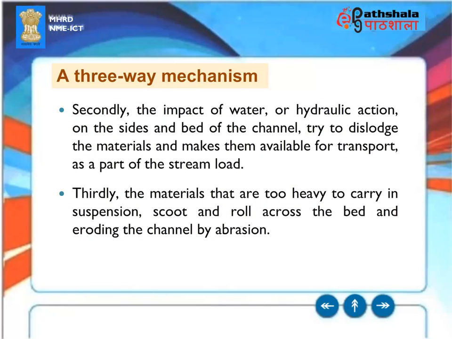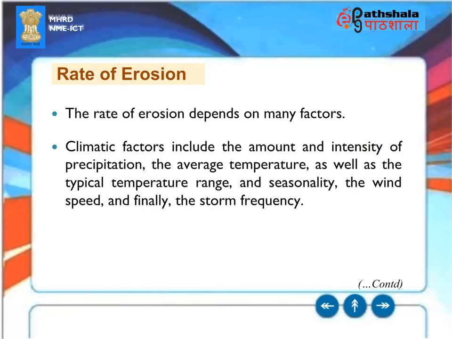Secondly, the impact of water, or hydraulic action, on the sides and bed of the channel tries to dislodge the materials and makes them available for transport as a part of the stream load. Thirdly, the materials that are too heavy to carry in suspension scoot and roll across the bed, eroding the channel by abrasion.